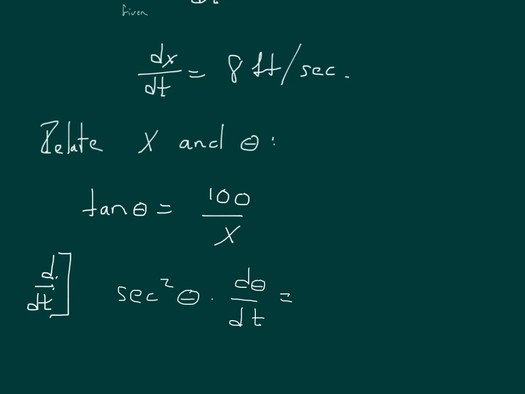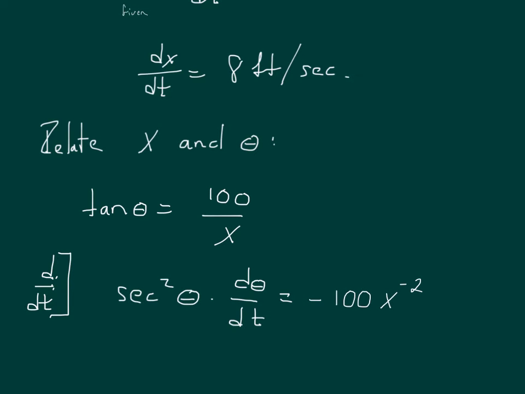Now on the right, what do we have? You can use the quotient rule if you want, or you could view this as 100 times x to the minus 1. If you do that, the derivative of the outer function is minus 100 times x to the minus 2.